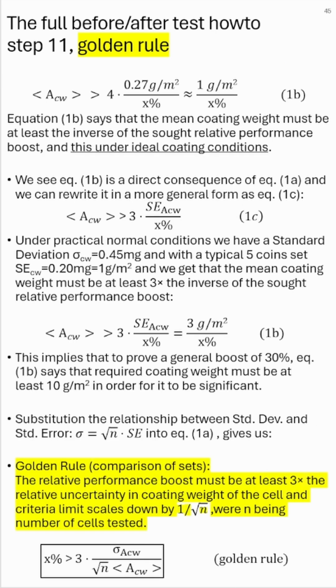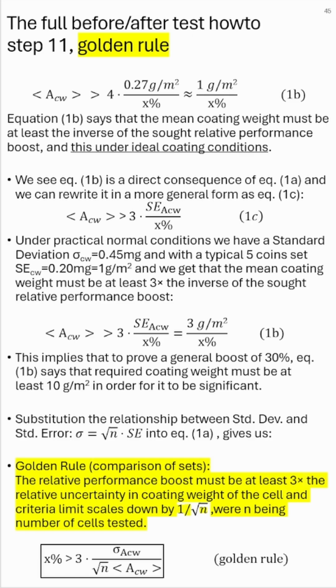The full before-after test how-to, step 11, the golden rule. So we had equation 1b that said that the mean value of coating weight that you need must be, in the ideal case, when your coating has the same standard error as your substrate of the copper foil, then that coating weight must be at least the inverse of that boost performance increase.